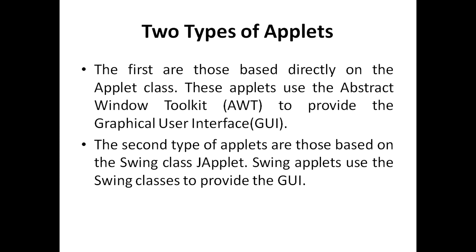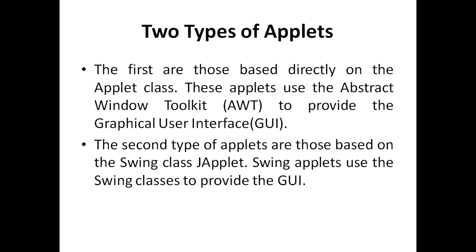So there are two types of applets we can write in Java. First one are those which are based directly on the applet class. These applets use the AWT, that is Abstract Window Toolkit, to provide the graphical user interface. Remember, these applets we write to create the graphical user interface so as to have easy interaction with the programs for new users.